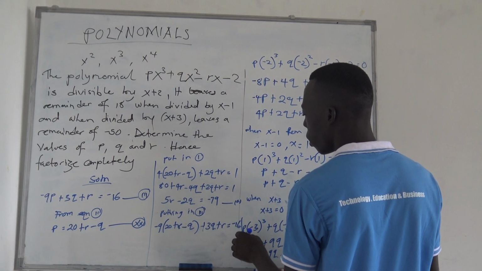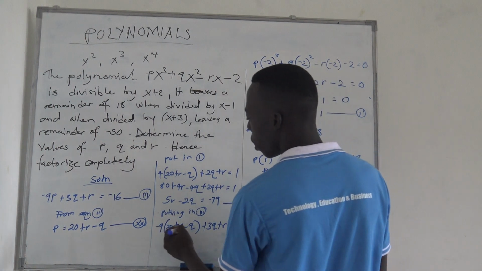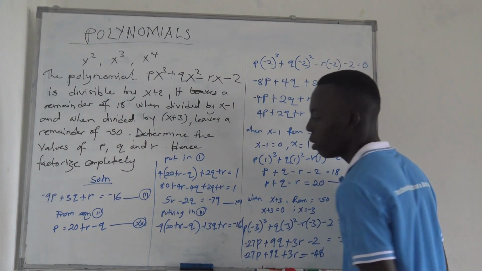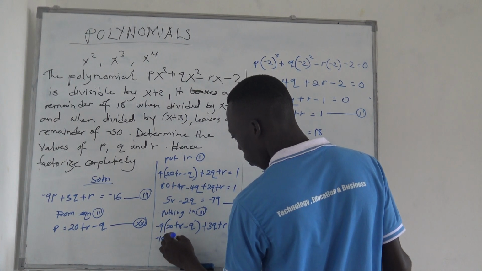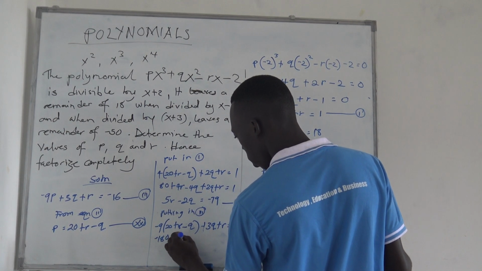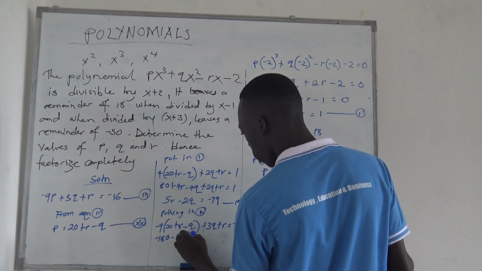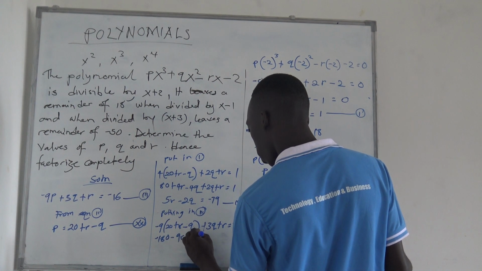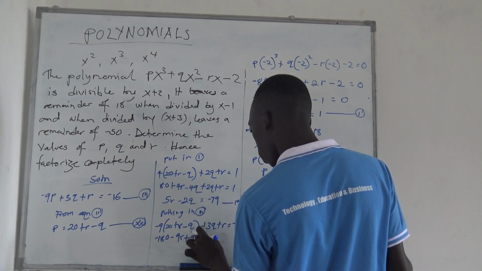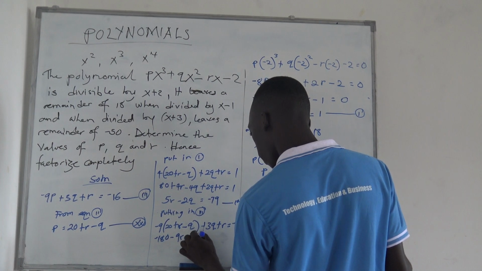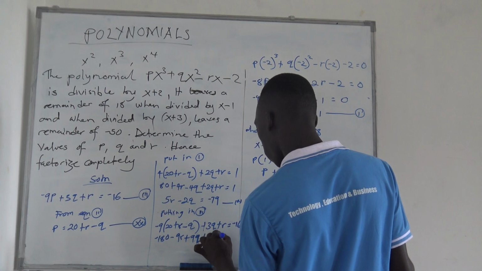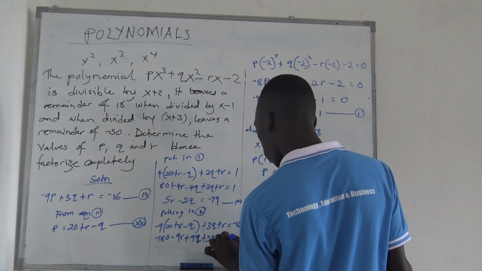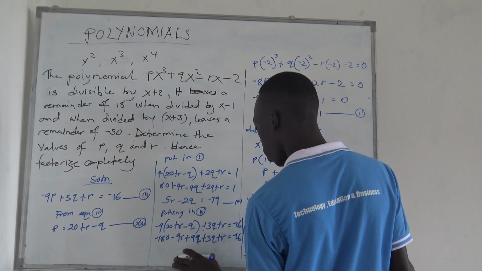So now, multiplying the 9 inside, this one will be minus 180, then minus 9R, then plus 9Q, then plus 3Q plus R equals negative 16.